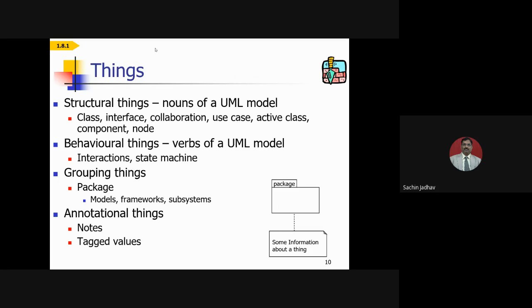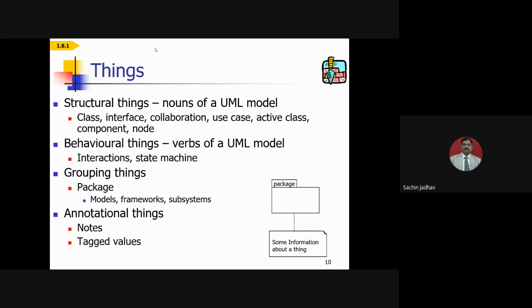When you prepare the SRS, the software requirement specification or system requirement specification, you are specifying the general nouns documented in the requirements. And these nouns can be classes, interfaces, collaborations, use cases, active classes, components, and nodes. All these are considered structural things.